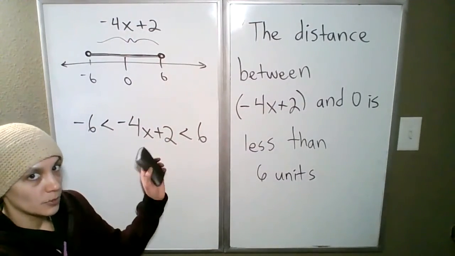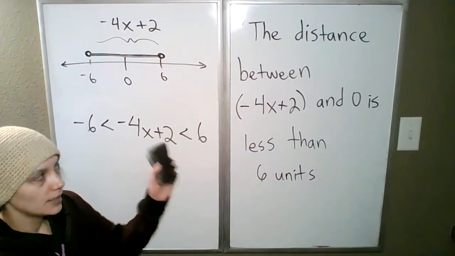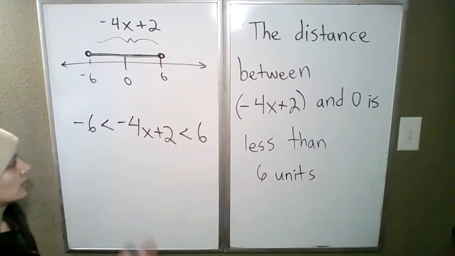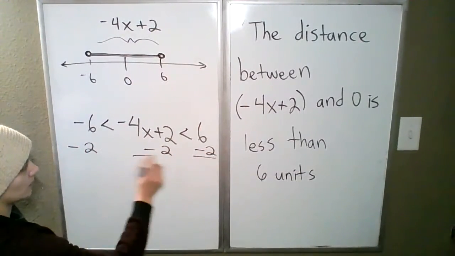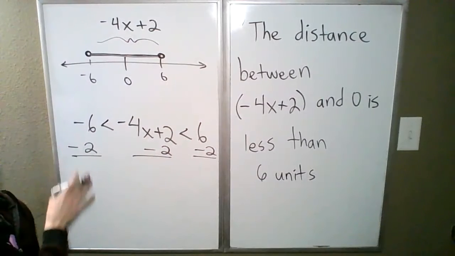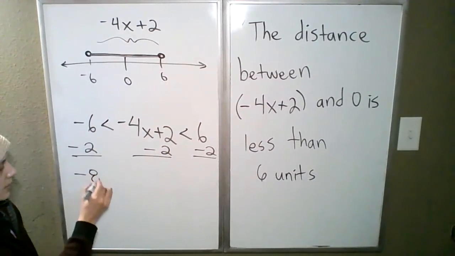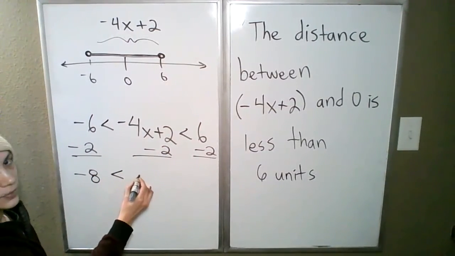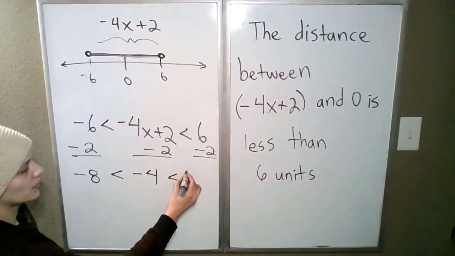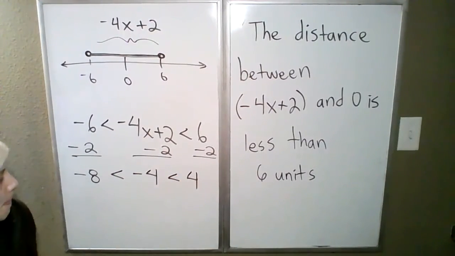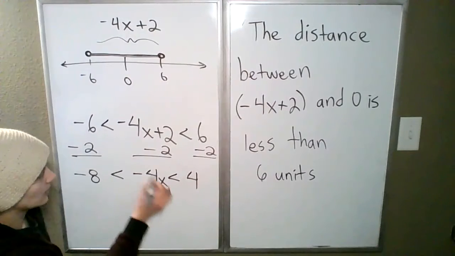All right, we're going to subtract 2 here and here and here. It's negative 8 less than negative 4x, which is less than 4.